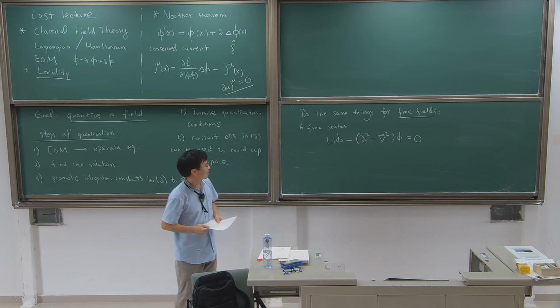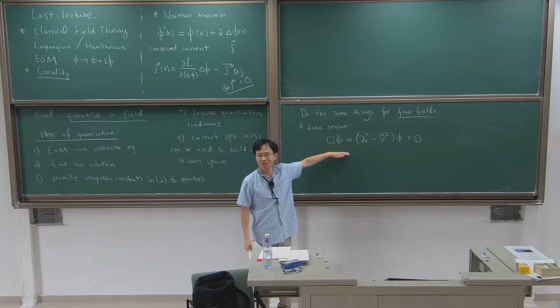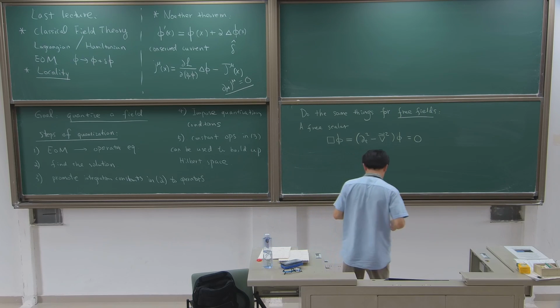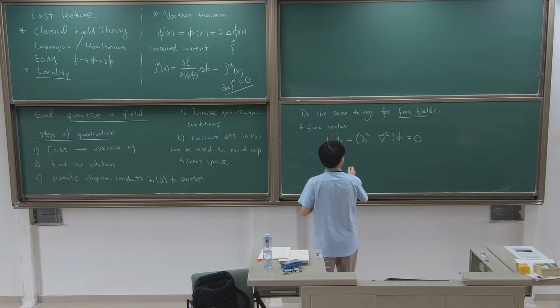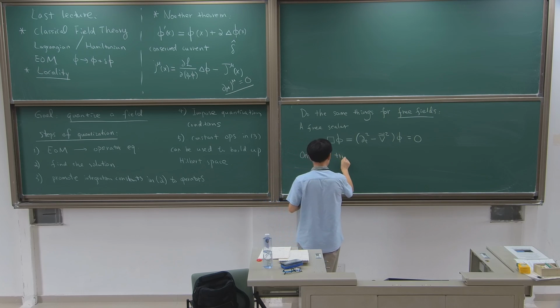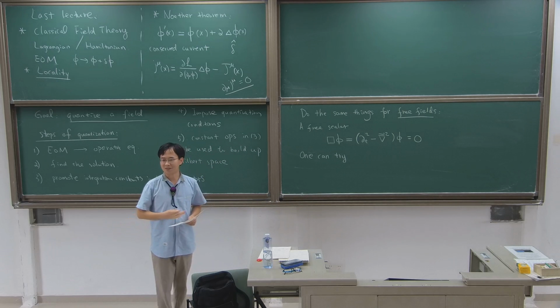The key thing will be to try to find the solution, right? You may easily write down the solution to satisfy this equation of motion. It's not difficult. But let's do it step by step. The first observation is that one can try such a solution because of the space translation invariance.